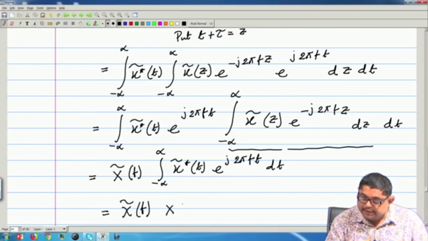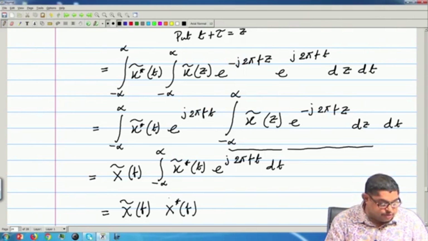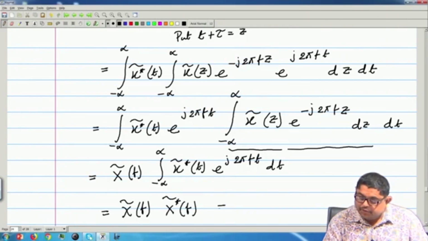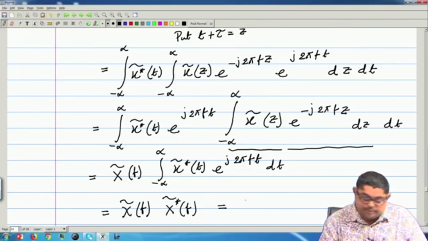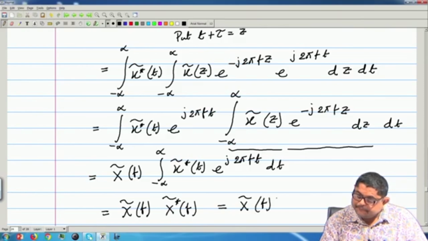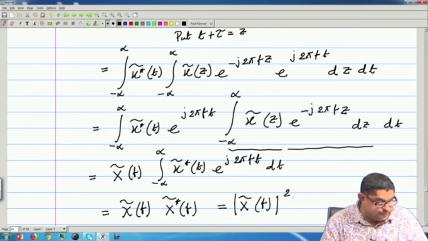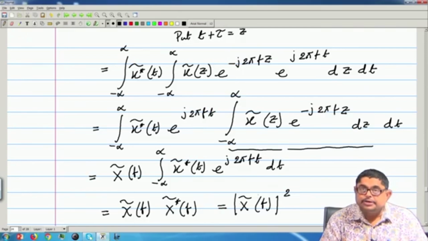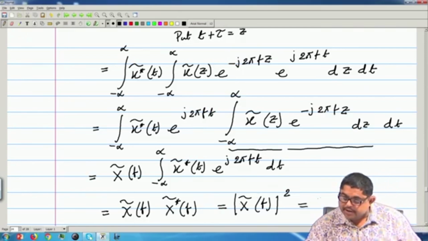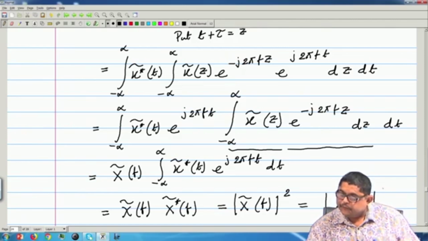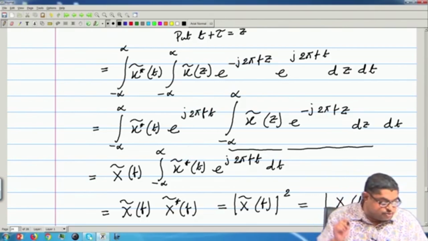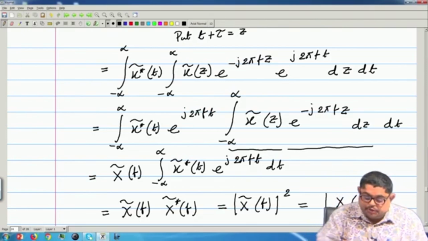And this is again the Fourier transform of this conjugate, and we know that this is nothing but magnitude square, the complex envelope magnitude square. We know that this can also be written as the original function's magnitude square. So, this is an important relation.